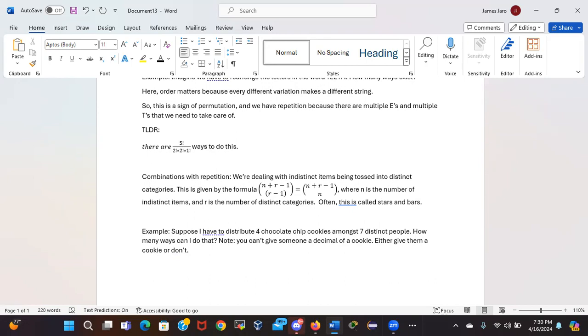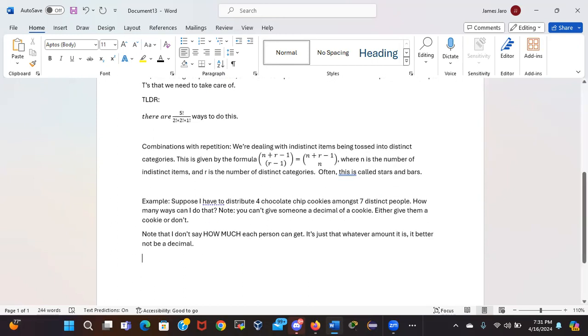Not necessarily. That doesn't mean 1 or 0. Note that I don't say how much each person can get. It's just that whatever amount it is, it better not be a decimal. So here, I never said someone can only get 1 cookie.